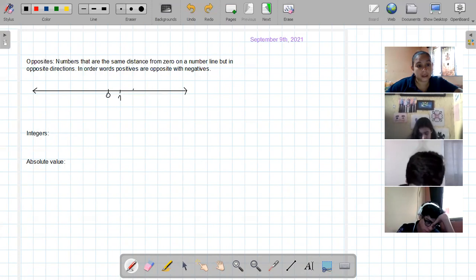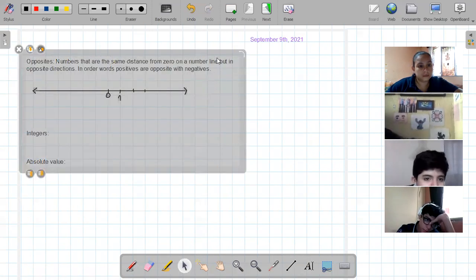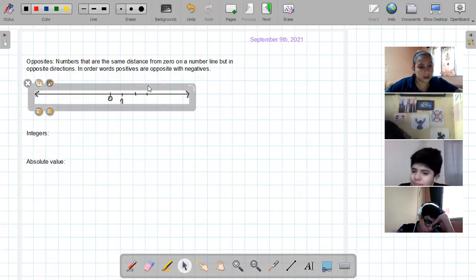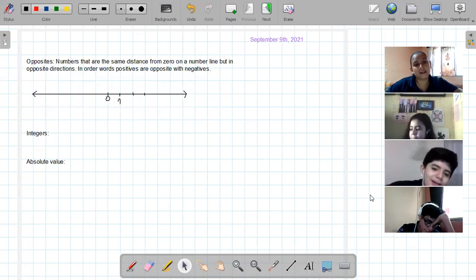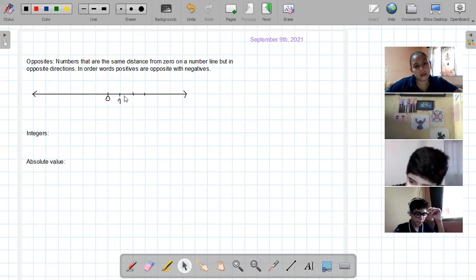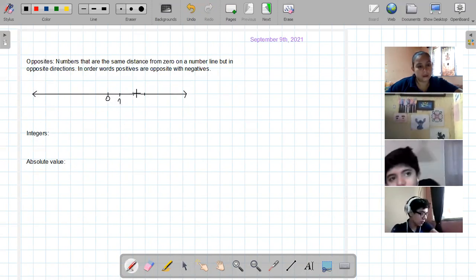That means you're going to place 2 over here and 3 over here. I'm going to move this a little bit down so it matches the lines. So that's 1, 2, 3. It has to be exactly the same distance.